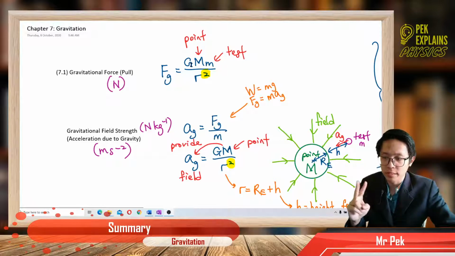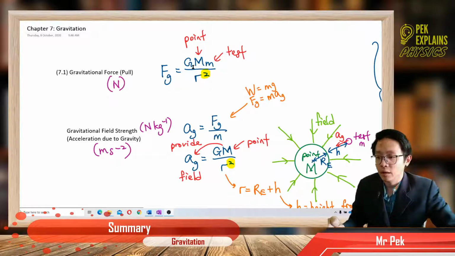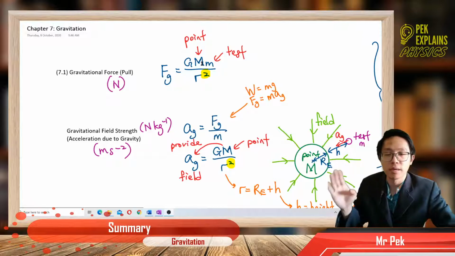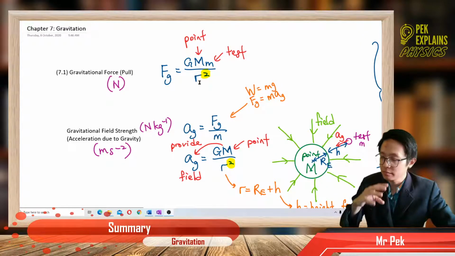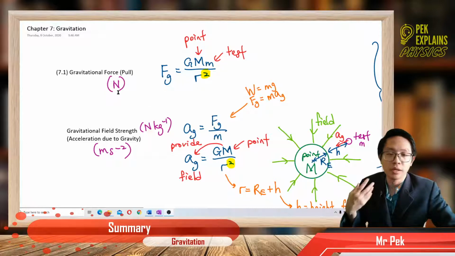They are called the point mass and the test mass. r is the distance from point mass to test mass, in detail, from the center of the point mass to the center of the test mass. The unit of force is of course Newton, right?